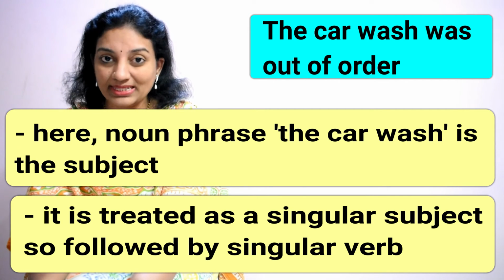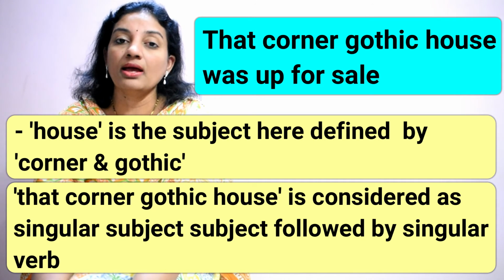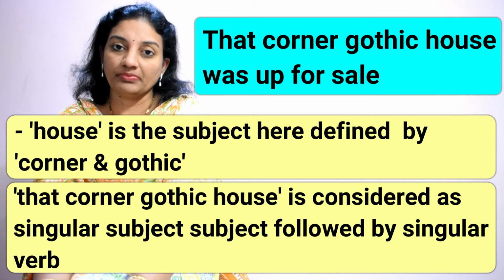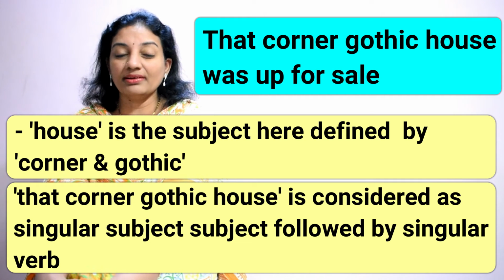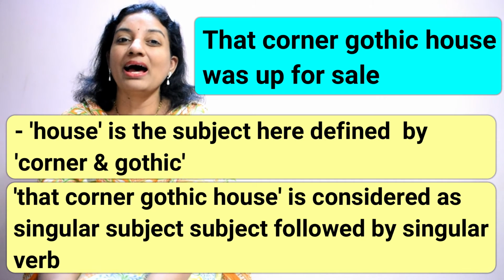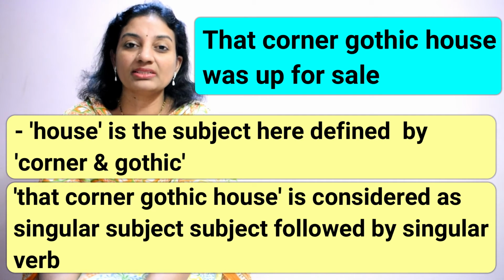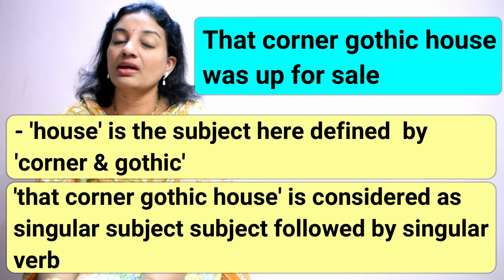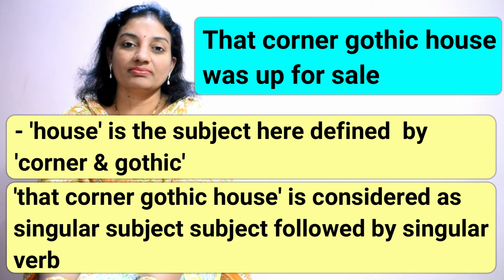Okay, noun phrase. That corner Gothic house was up for sale. Okay, that corner Gothic house. There are adjectives, right? Even then we are talking about house. In that phrase, what is the real subject? House. Real noun, house. Was up for sale.